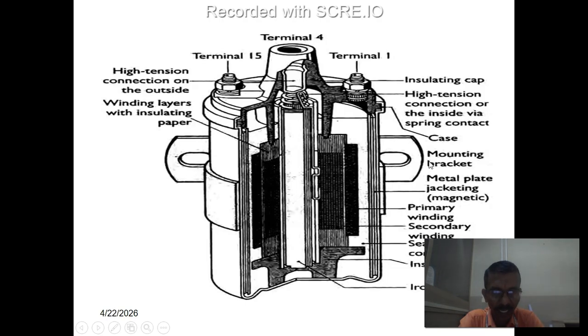There are the high tension connection, the inside wire, the spark plug case, mounting brackets, the iron core, the insulators, and the winding sealing. The sealing compound is used for both the primary winding and the secondary winding.